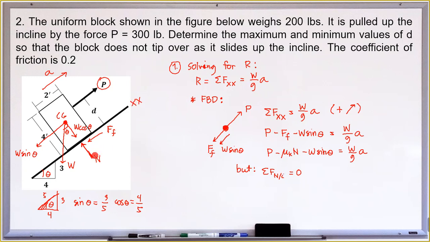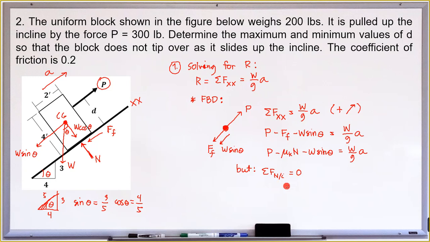So for the axis normal to the direction of motion, the summation of forces is zero, since there is no acceleration. Okay? Remember, our object only translates up the inclined plane. So there is no movement normal to the inclined plane. So we set it to zero here.